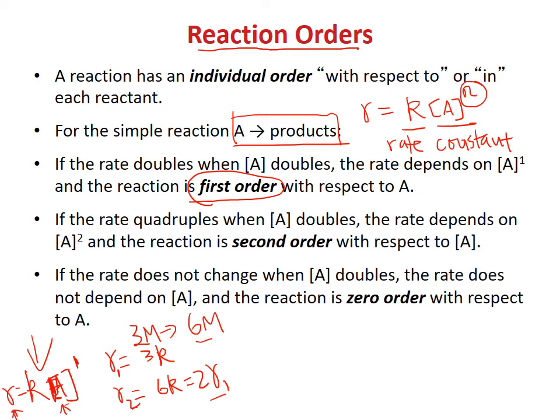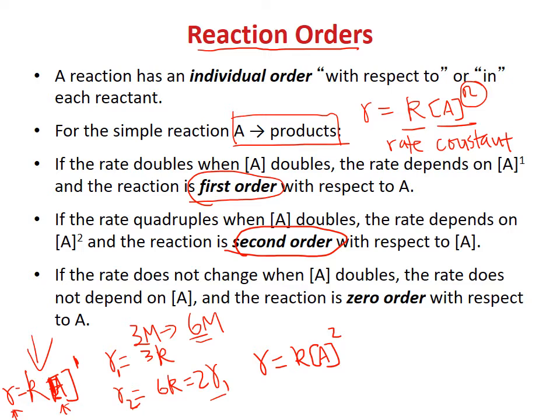Now for some reactions, the reaction rate is K times A raised to the second power, and these reactions are called second order reactions. For a second order reaction, if the concentration increases twice, the reaction rate increases 4 times.